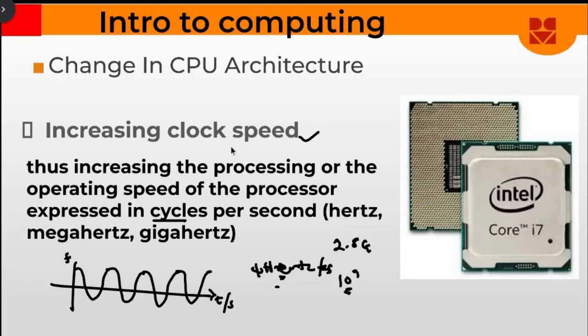But then increasing this clock speed, the clock speed was back in the days in megahertz, but now they've been able to push it to gigahertz. But then the limitation for increasing clock speed is that the higher the clock speed, the more heat that gets generated, which means that you should worry more about cooling of the CPU, right?